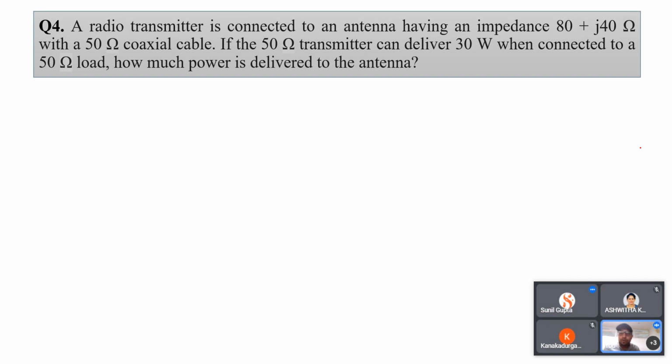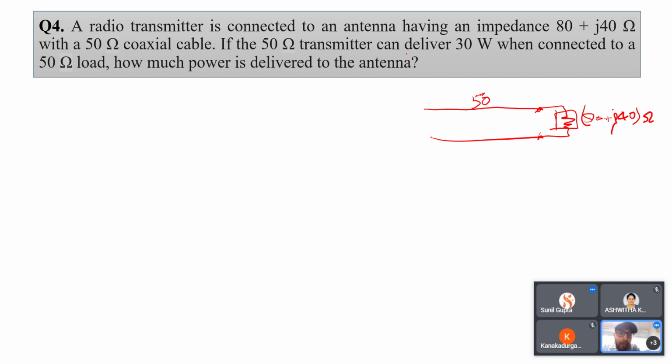So the next question is: a radio transmitter is connected to an antenna having an impedance of 80 plus j40 ohm with a 50 ohm coaxial cable. Okay, so suppose this is the coaxial cable and it is connected to a load of 80 plus j40, and the characteristic impedance of this coaxial line is 50 ohm.